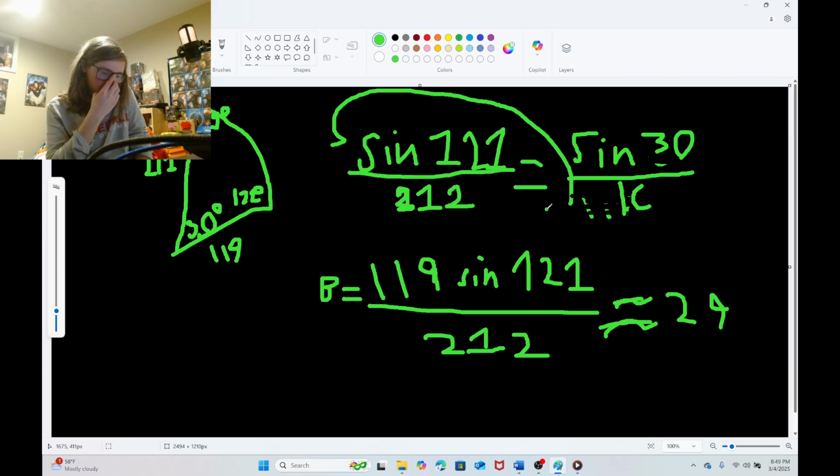Alright, yeah. So that would be 212 sine 30 divided by sine of 121, which is approximately 123.7.